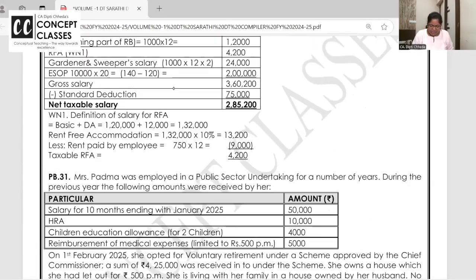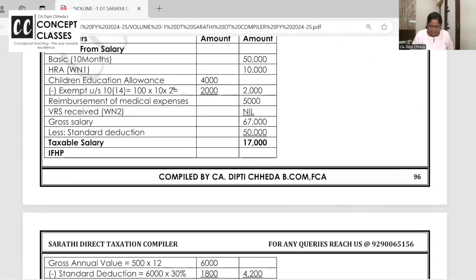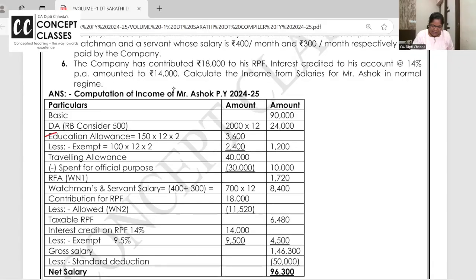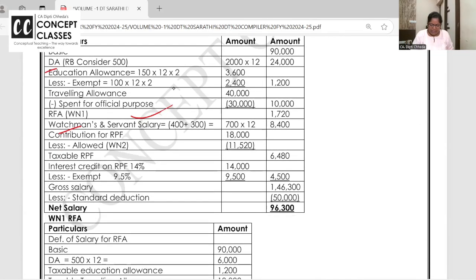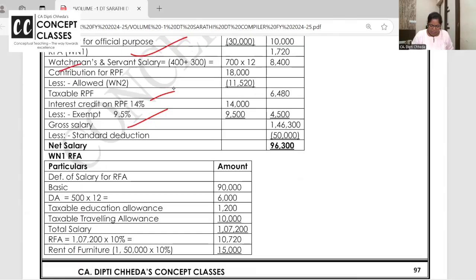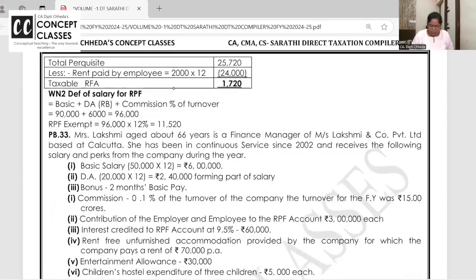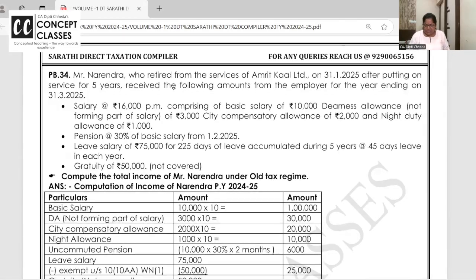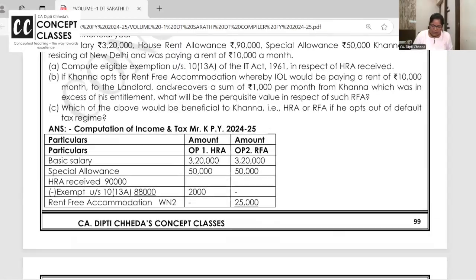Problems, I would really love for you to check. You please go for the practice batch, or you go for this book. Very nice level of problems covering allowances, PF, perquisites with working notes are there. I'll tell you, past exam questions are also there.